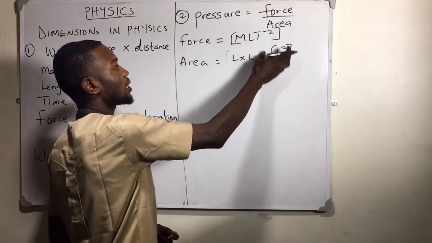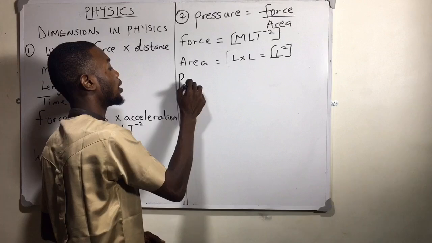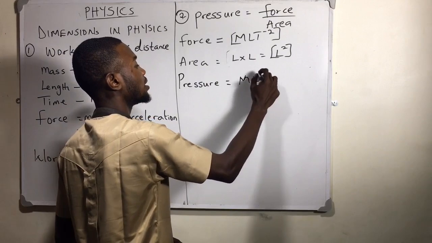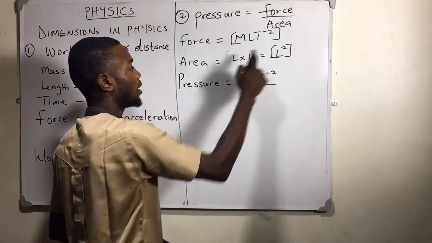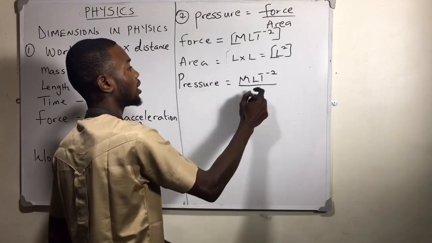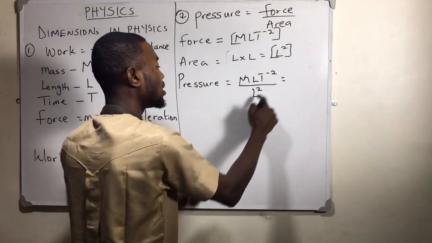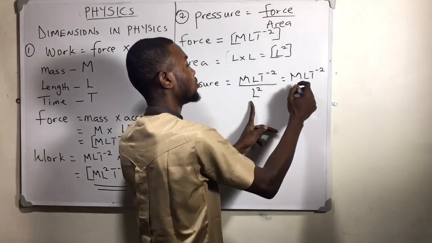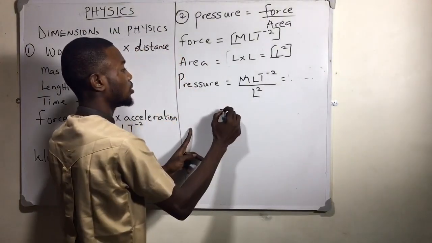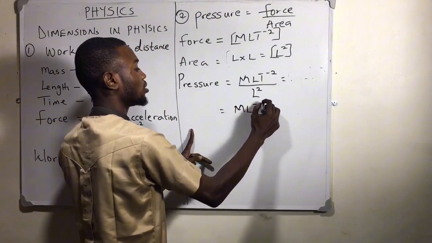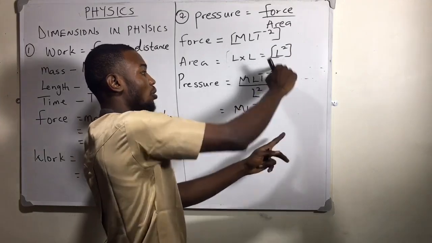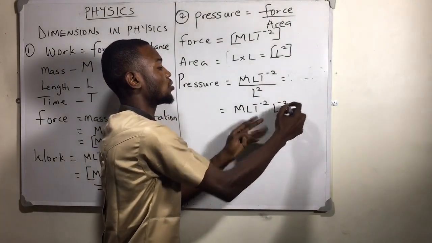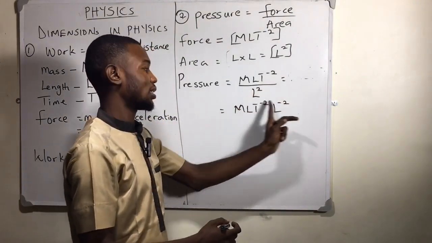So if you take this and put it into the formula, we have the pressure equal to force, which is MLT raised to the power of minus 2, over length squared, which is for the area. We'll have it as L squared. Now, this has to move to the top. So we have MLT raised to the power of minus 2. As this one is coming up, remember, it's going to become L raised to the power of minus 2 because of this division that is here.